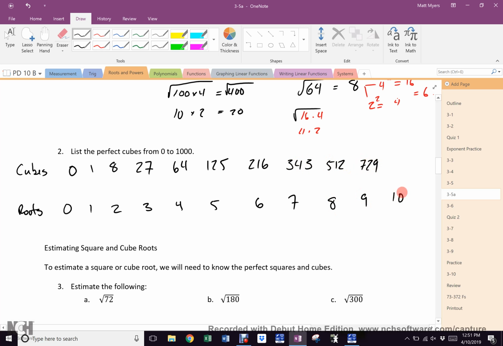And 10 cubed? 1,000. I would recommend committing those to memory. Everybody cool? All right.